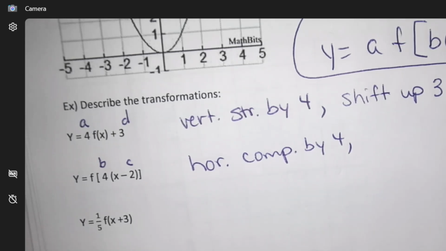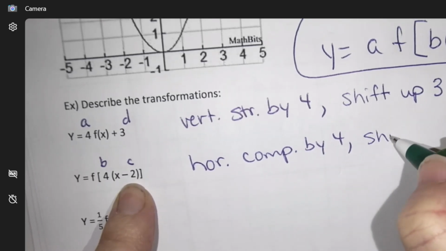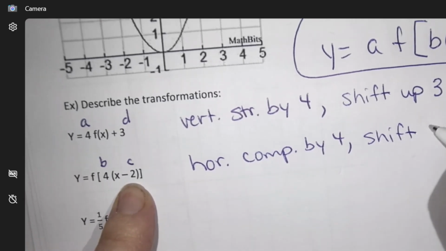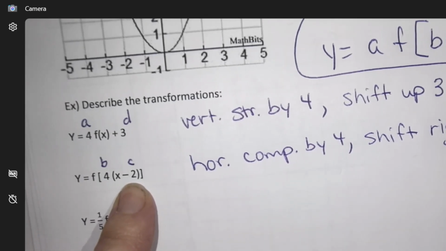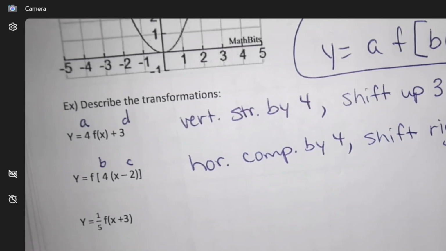You see multiply by 4, but you actually compress it. Anything with X, B and C, opposite. So you see a -2, so we're actually going to shift, opposite brain mode, right. Everything is X. So horizontal stuff, left, right stuff.